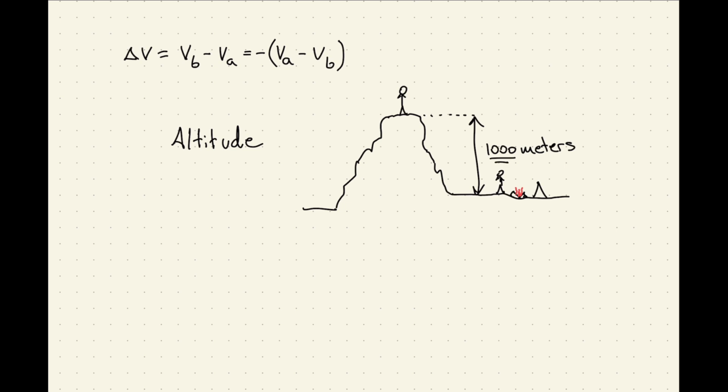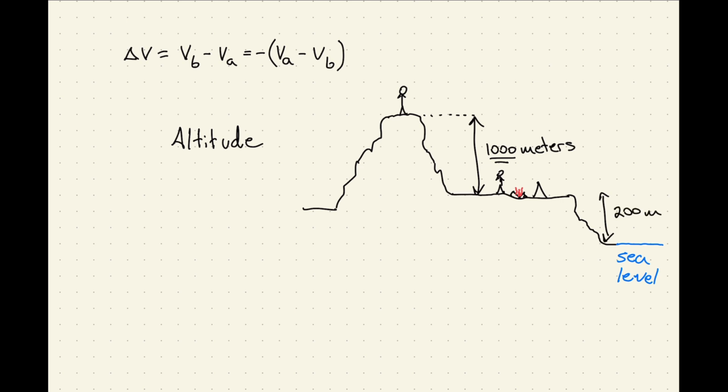But normally when people talk about altitude, they actually refer to it from sea level, because that's kind of a standard position taken to, I guess, standardize altitude for all people. So let's say from sea level to this base camp here is maybe 200 meters.